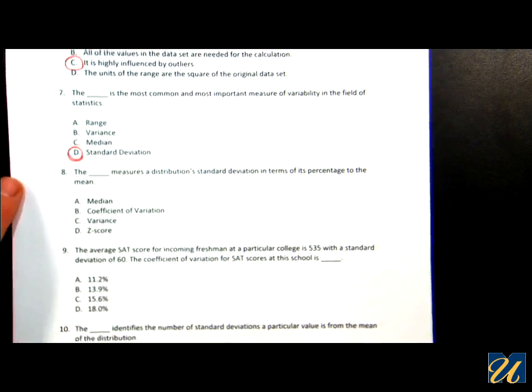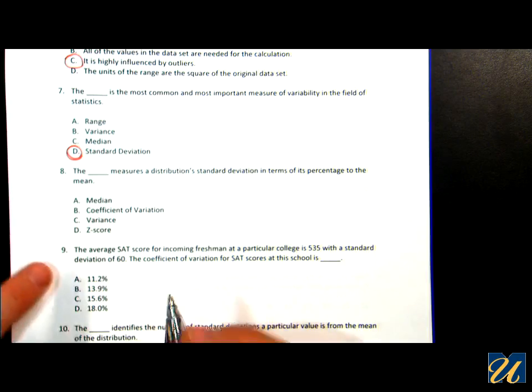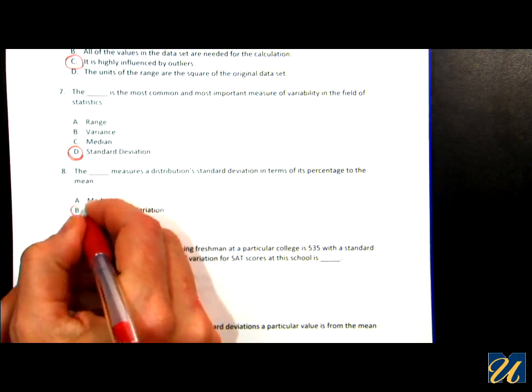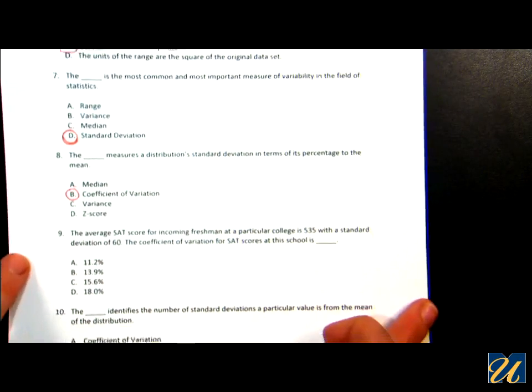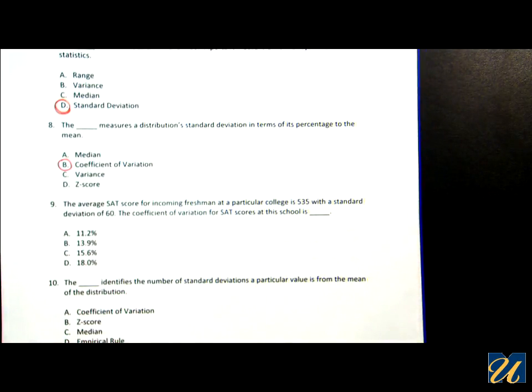The what measures a distribution's standard deviation in terms of its percentage to the mean? This would be the coefficient of variation. The average SAT score for incoming freshmen at a particular college is 535 with a standard deviation of 60.